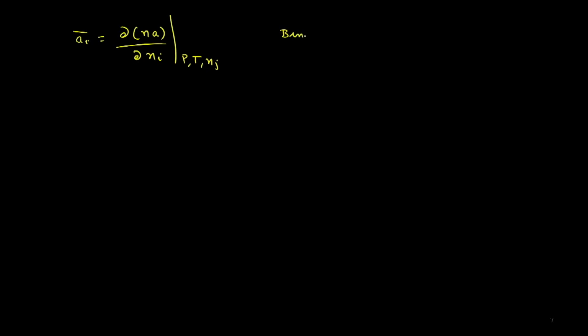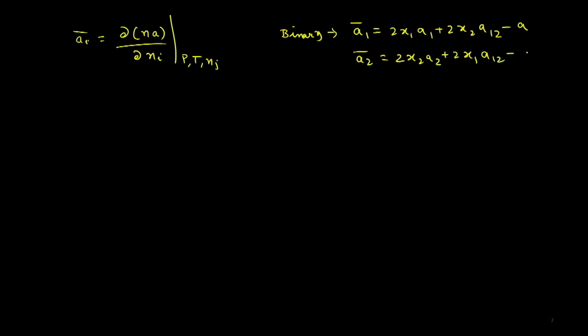For a binary, this simplifies to A1 bar is 2 x1 A1 plus 2 x2 A12 minus A, and A2 bar is 2 x2 A2 plus 2 x1 A12 minus A. Because of the definition we have used, note that A12 is going to be equal to A21. Both of them are the square root of A11 times A22, right?